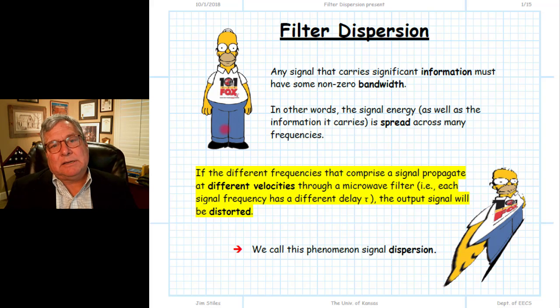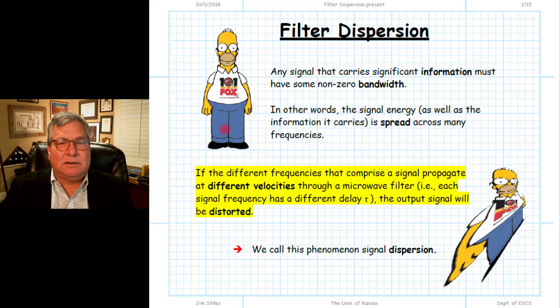What happens is that each frequency that makes up the transmitted signal, the FM modulated signal centered at 101.1, each of the little sine waves from 101.0 to 101.2, has to travel through the filter at precisely the same velocity.